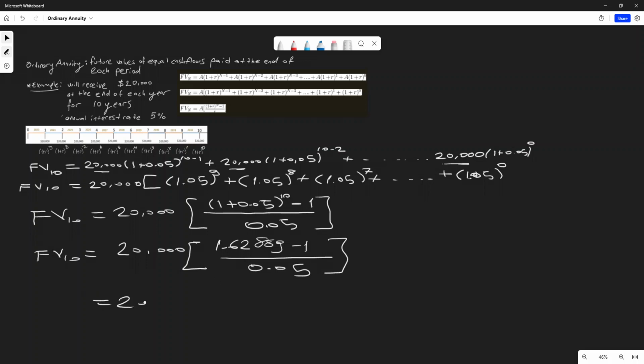and again $20,000 multiplied by what you get here, which is 12.5778, which equals $251,556.